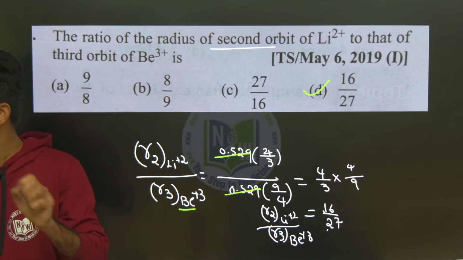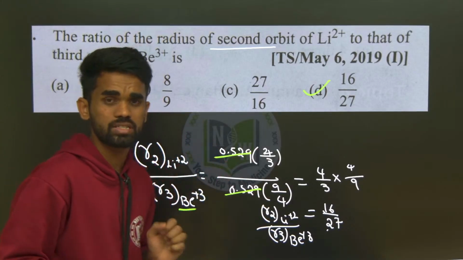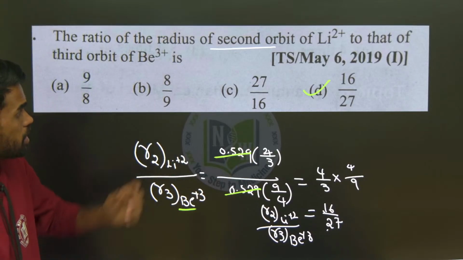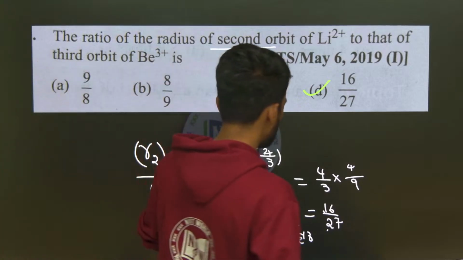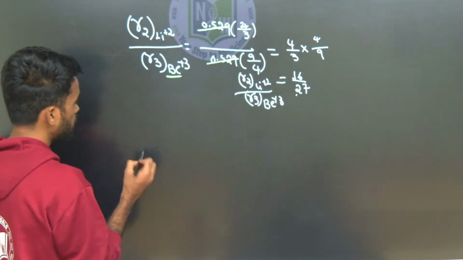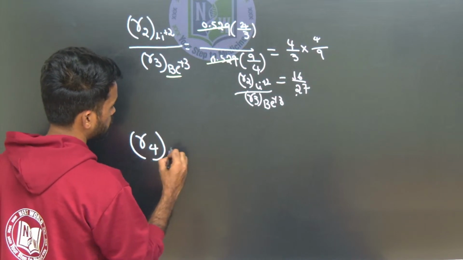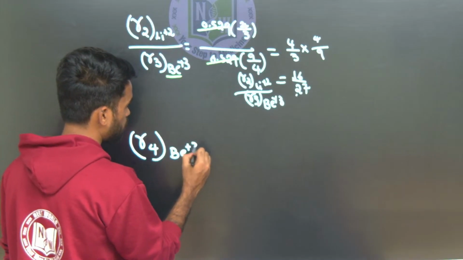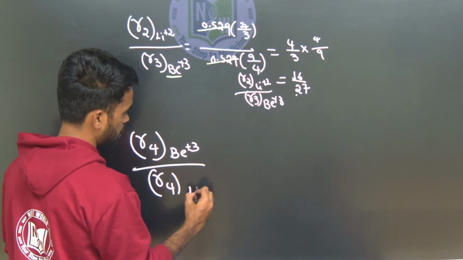Hope this is clear, how simple the questions are. Even in JEE we see this kind of question. So whether you are preparing for JEE, NEET or EAPCET, you can practice these basic model questions. Now tell me the answer for this question: what is the ratio of the radius of the fourth orbit of beryllium plus 3 to R4 of lithium plus 2 ion?